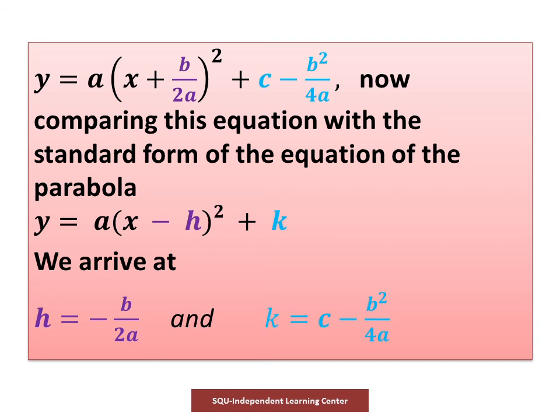These two forms of h and k can be used also to find the coordinates of the vertex of the parabola.